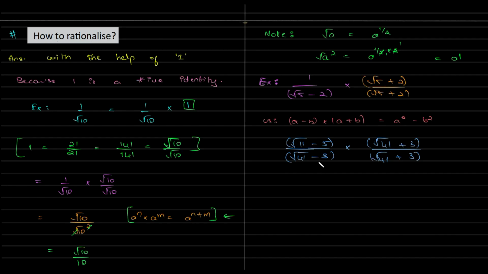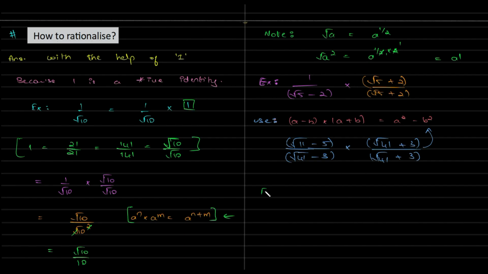Same expression with the different sign, we get to make use of this particular formula and get the answer. Don't worry, we will be doing a few examples with such kinds of expressions. So the process of rationalization is as simple as this.